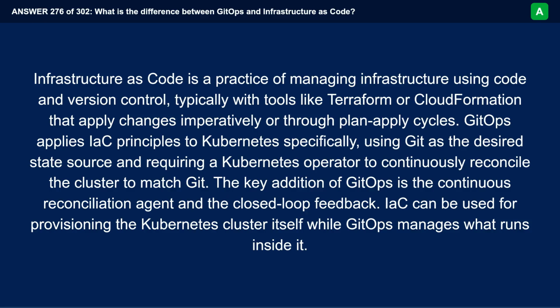GitOps applies IaC principles to Kubernetes specifically, using Git as the desired state source and requiring a Kubernetes operator to continuously reconcile the cluster to match Git. The key addition of GitOps is the continuous reconciliation agent and the closed-loop feedback. IaC can be used for provisioning the Kubernetes cluster itself, while GitOps manages what runs inside it.